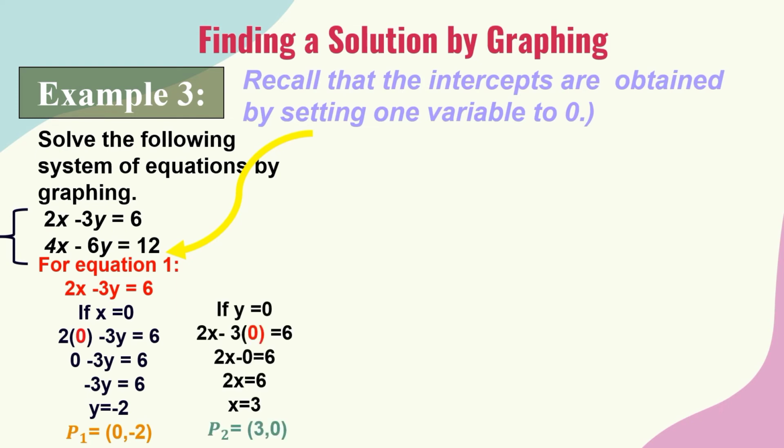Now, if y is 0, 2x minus 3 times 0 equals 6. 2x minus 0 equals 6. And 2x equals 6. x therefore is equal to 3. And the second point is (3, 0). Now, for our table, we have (0, negative 2) and (3, 0).